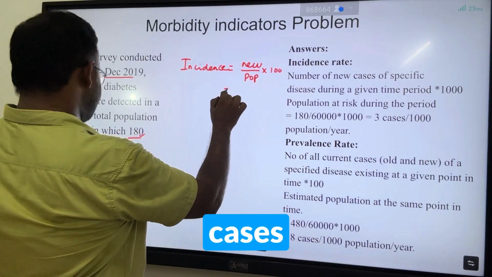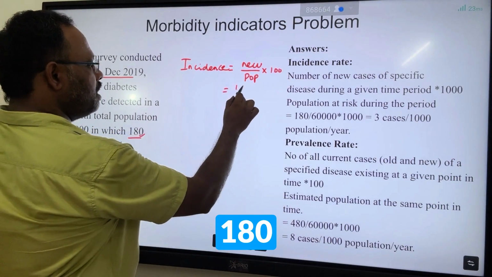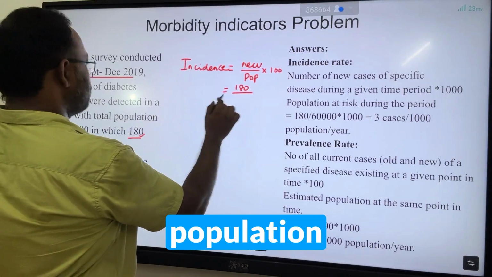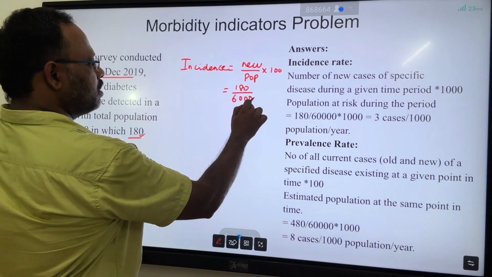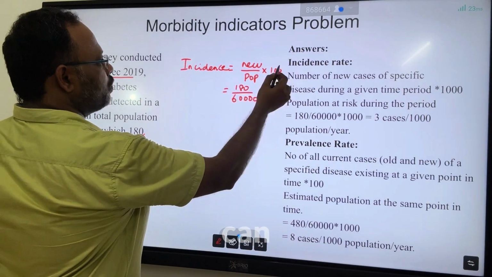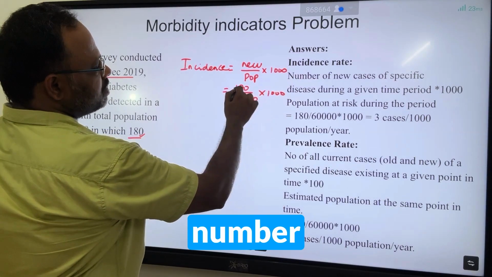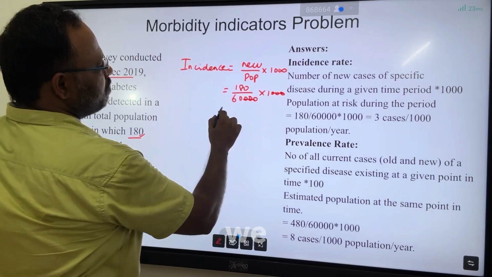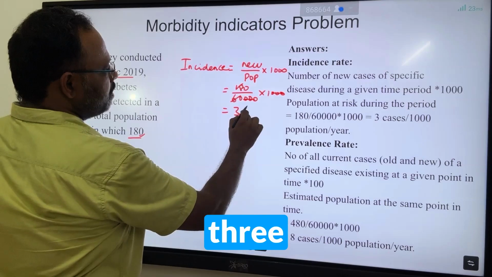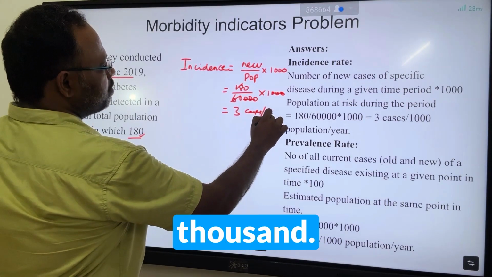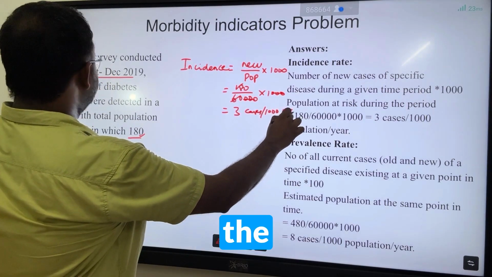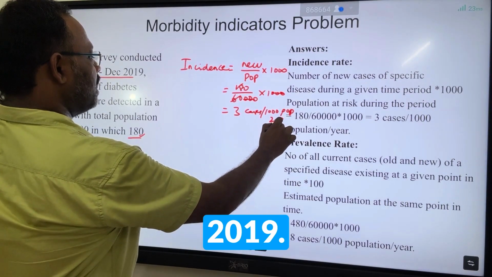So the new cases are 180 divided by the total population of 60,000. You can express it in percentage or per thousand if the number is very small. So here we can express it as 3 cases per 1000 population in the year 2019.